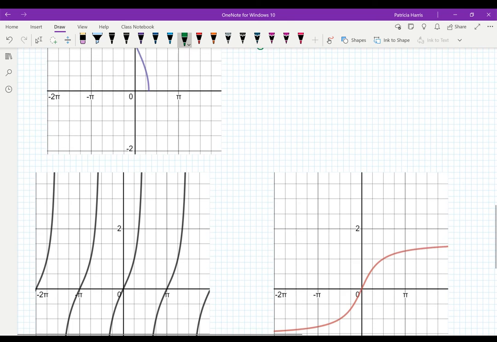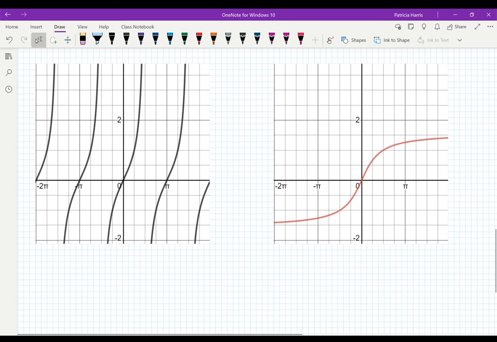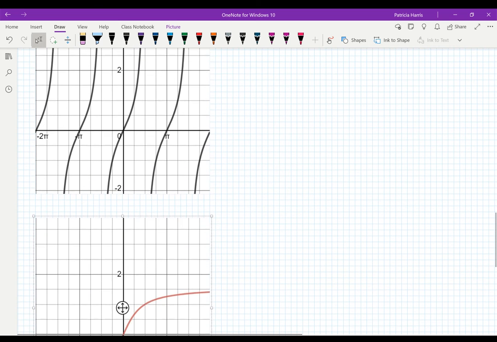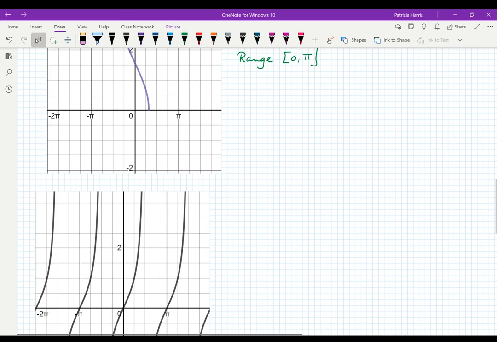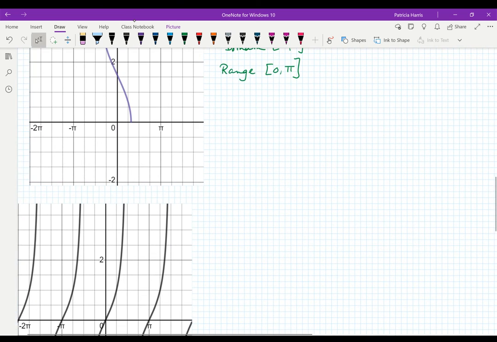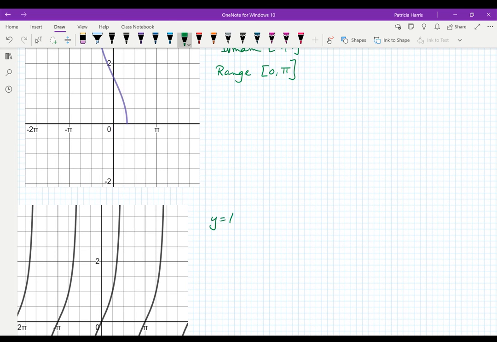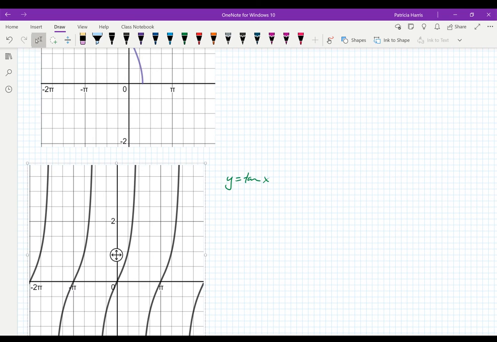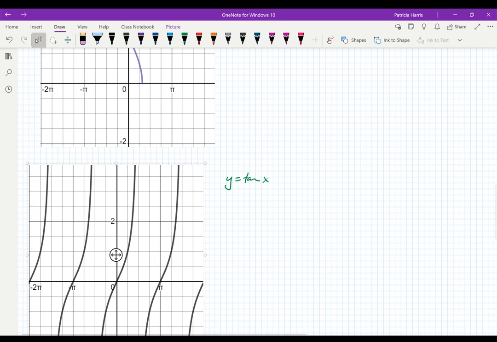Okay, we're going to do the same thing for tangent now. So this is y equals tangent. Now, this one's a little bit easier. Okay, tangent has asymptotes.